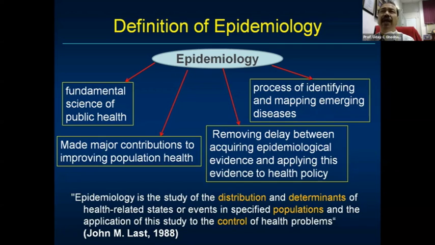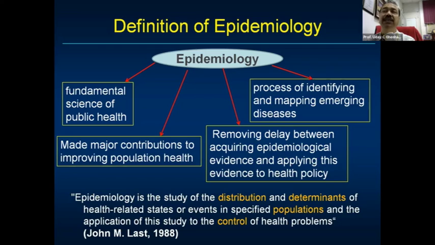Now, we all know epidemiology is the fundamental science of public health. That means how well the population is or how sick the population is, that we understand from epidemiological studies. And that helps us to know the disease burden.